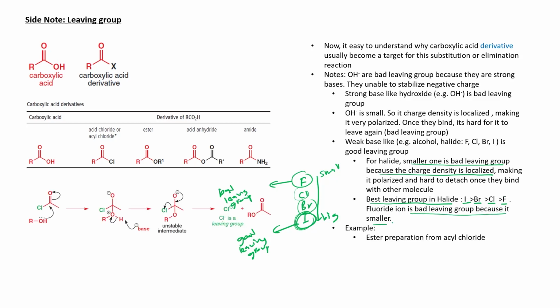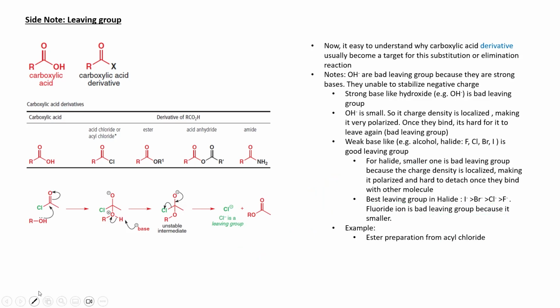For example, ester preparation from acyl chloride. Let me remove this. Let's see the ester preparation from the acyl chloride. This is the addition we learned before. Now you have a base taking the proton, and then you get this. What I want to show here is this intermediate.